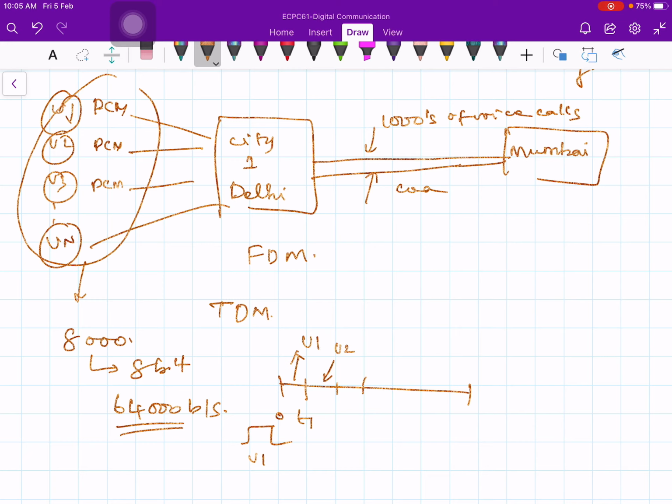Let's say this is 1 second. In 1 second I am dividing into a number of sub intervals, and in these intervals you can put user 3 information, user 4 information, up to the last user, and afterwards again user 1. So you are not going to transmit the entire period for one user, because the voice signal data rate is low, and we are not going to occupy the entire duration.